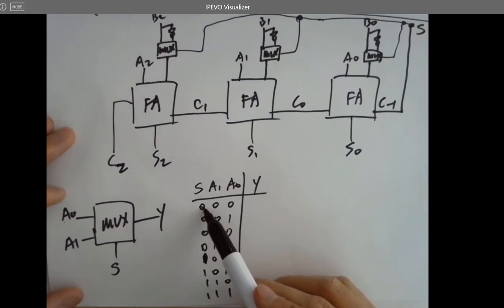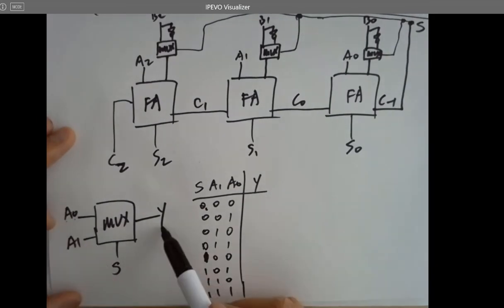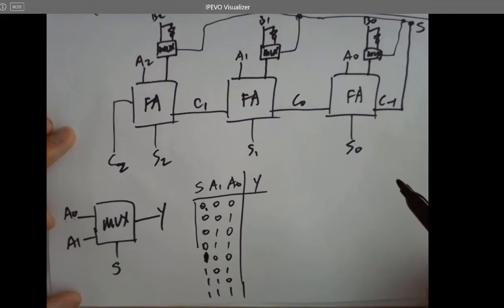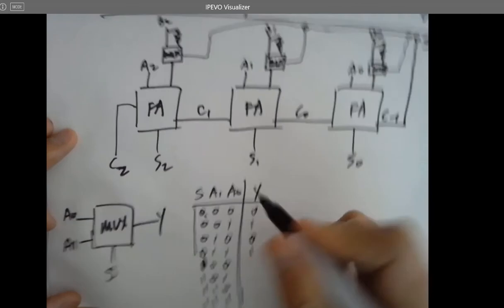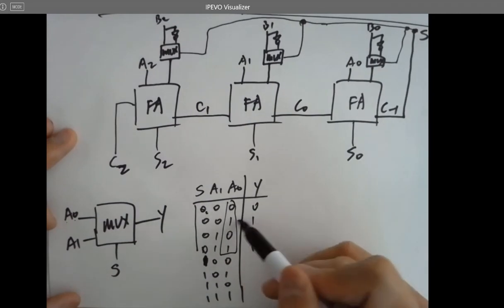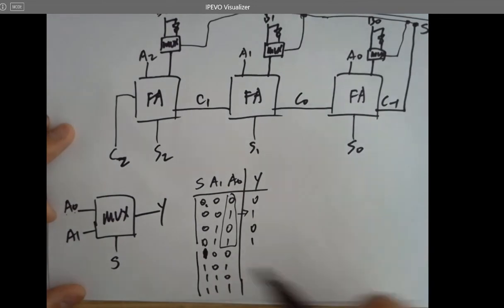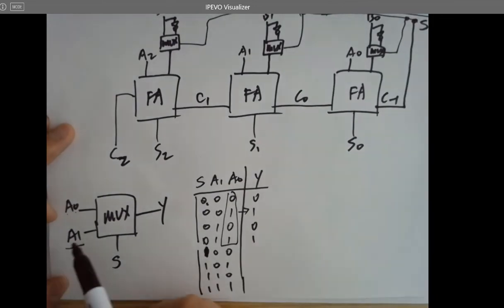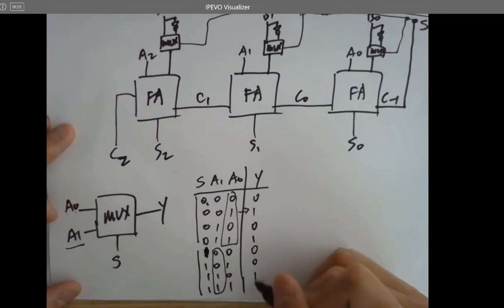When S is 0, it's copying A0 to Y. So whatever A0 is, just duplicate to Y: 0, 1, 0, 1. When S is 1, it's sending A1 to Y. So here's A1: 0, 0, 1, 1.